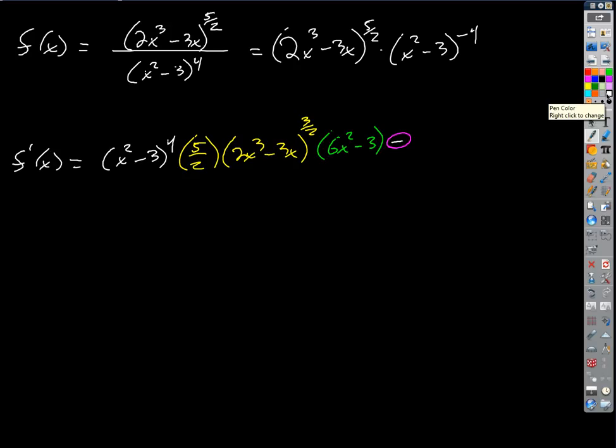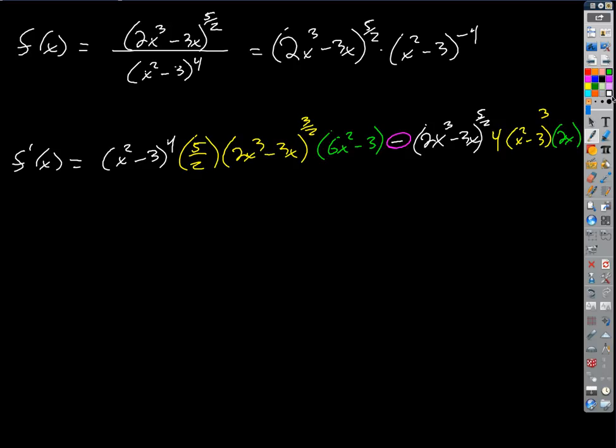Okay, so what's the next part? Okay, I'm going to go ahead and write it. I'm going to write the top first, and then you can do it the other way if you wanted, but I'm just in the habit of always doing it this way. I put the non-derivatives first and then the derivatives. Times the derivative of the bottom, which is derivative of x squared minus 3 to the fourth is 4 times x squared minus 3 cubed times 2x.